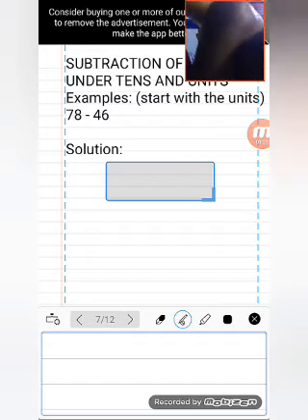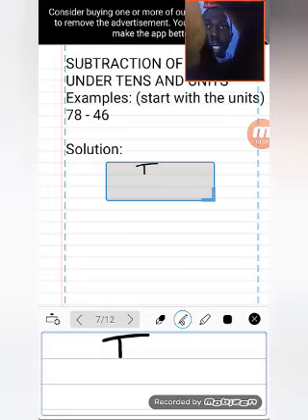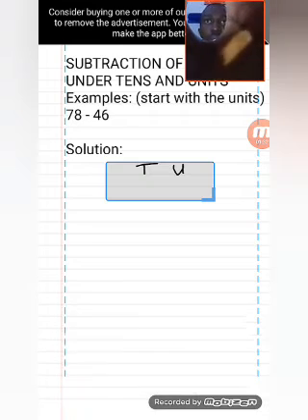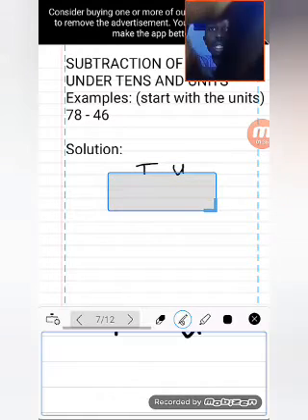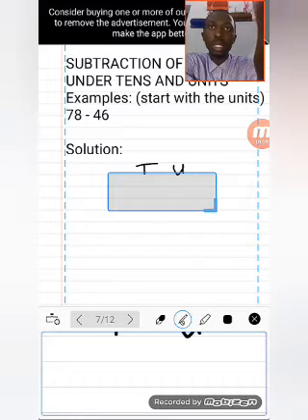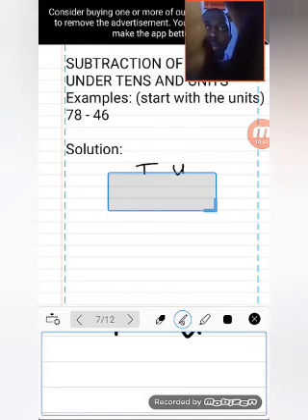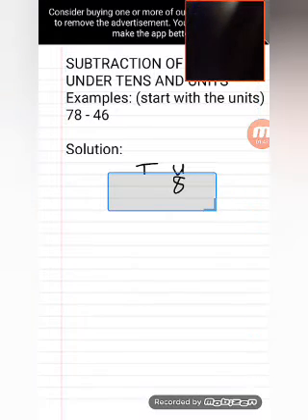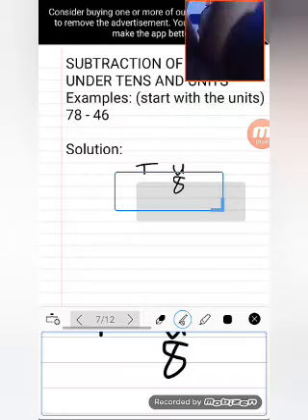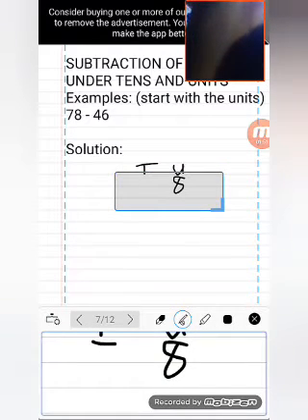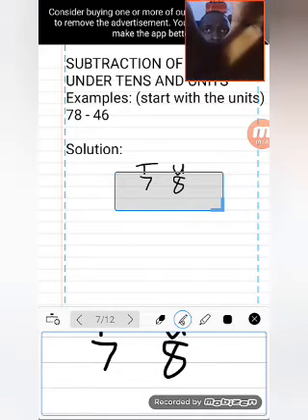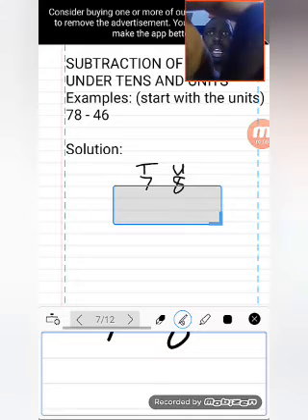So the first thing we do is write out the T for the tens and the U for the units. Then let's write the digits. 78, the bigger number first. We write the 8, which is the unit, under the U. Then we write the 7, which is the tens, under the T.